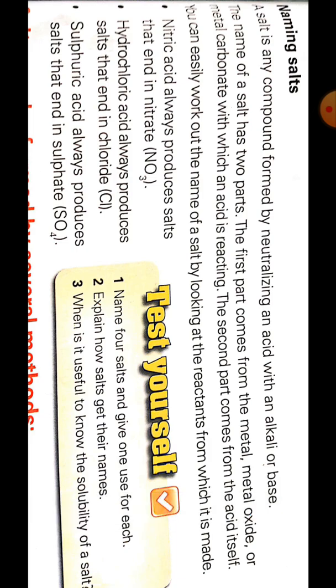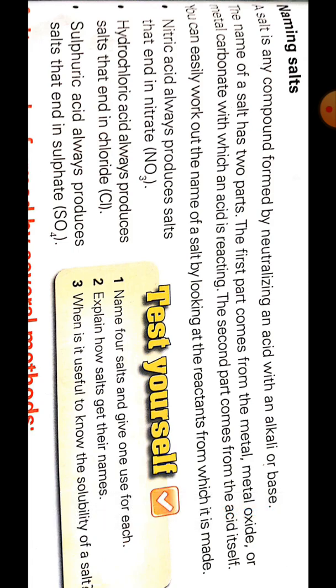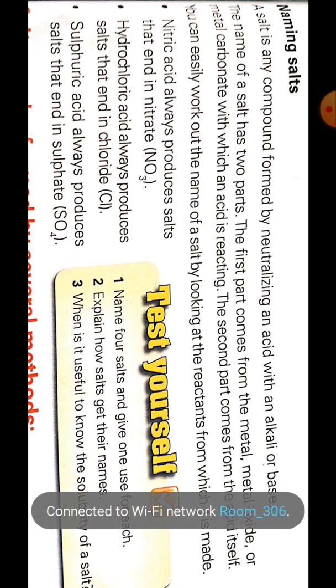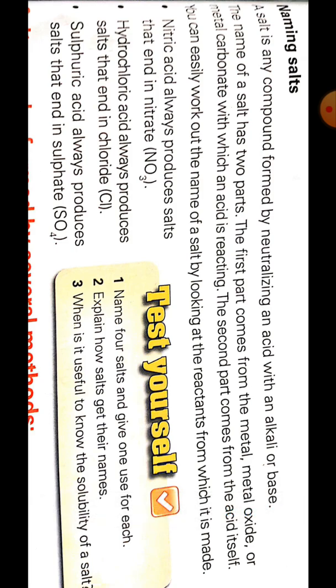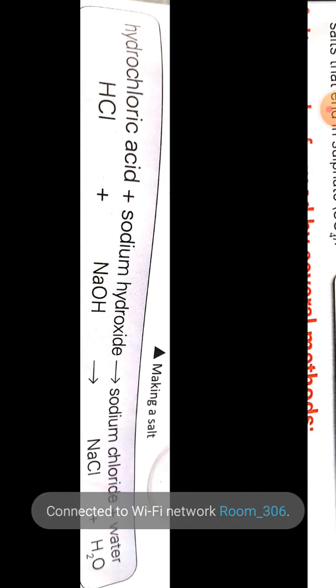For example, nitric acid: the name of the salt will always end with nitrate. Hydrochloric acid will produce salts which end with chloride. Sulfuric acid always produces salts that end in sulfates.